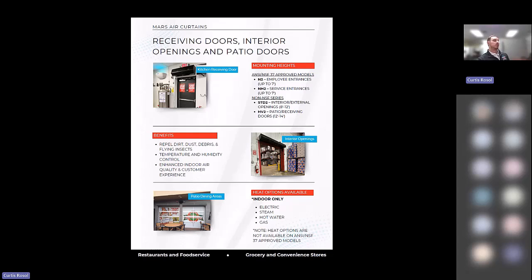And using air curtains in those applications can help prevent those issues to some extent as well. And then similarly, we do have heat options available for these: electric, steam, and hot water. And then our HV, we can also do indirect gas-fired heat if that's what your building requires. And as we go into our larger units, you'll see that's an option we can provide for those as well.